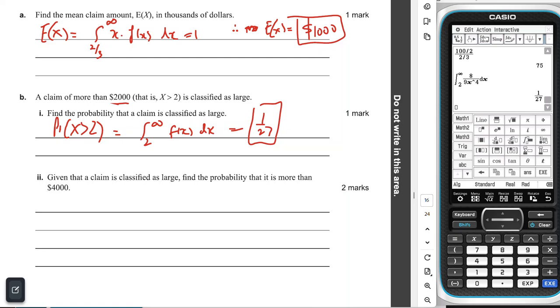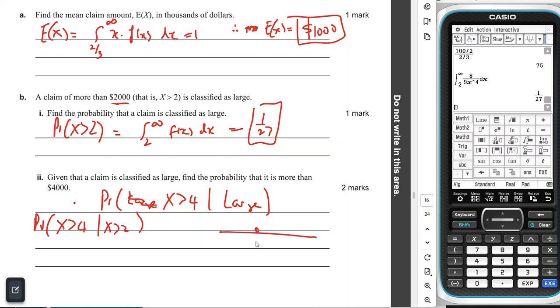And we now have a conditional question. Probability that x is bigger than 4, given that it's large, which would be the probability that x is bigger than 4 given x is bigger than 2. On a number line, bigger than 2, bigger than 4, the overlap is the probability that x is bigger than 4 over the probability that x is bigger than 2.